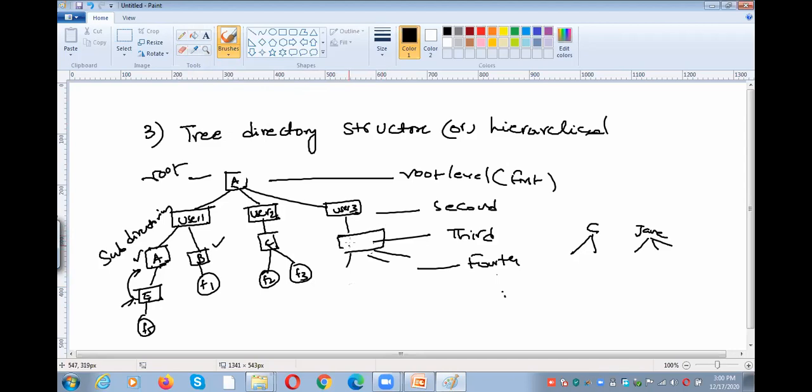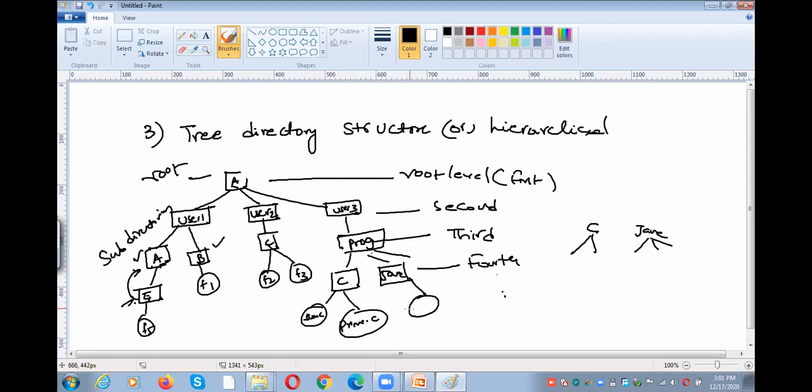So observe here, PROG, the programs directory under user 3. Under programs, I may have C programs and I may have Java programs. Right? So under the C programs, I will keep sum.c, prime.c programs.